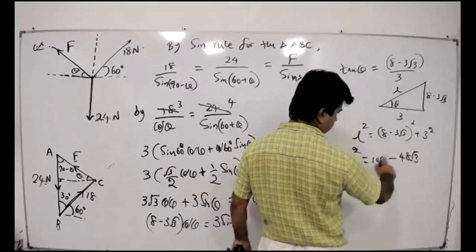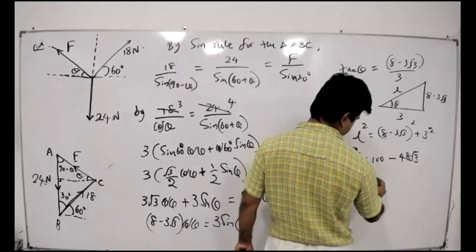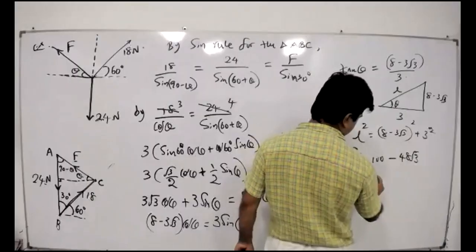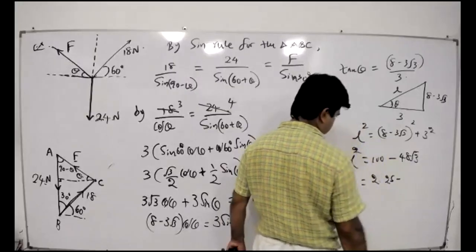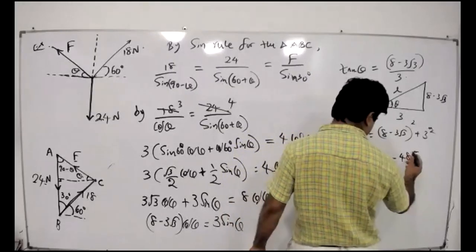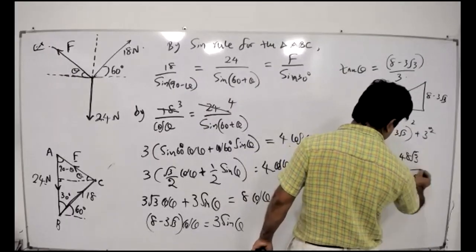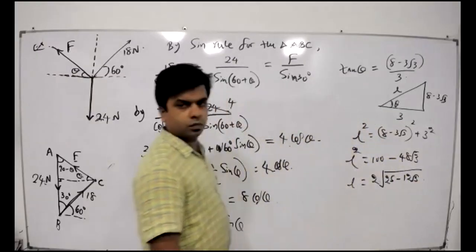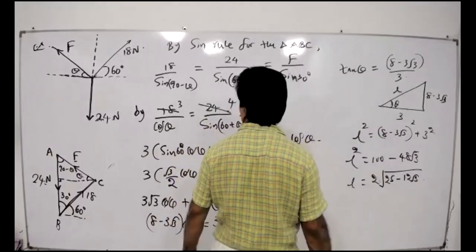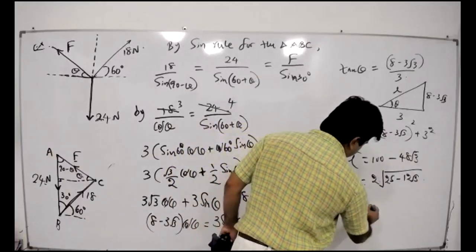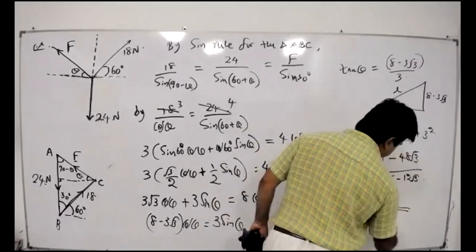And L equals, taking all the multiples of 4, 2 into 25 minus 12 root 3. L known means therefore cos theta. Cos theta equals 3 over 2 root that thing, right?